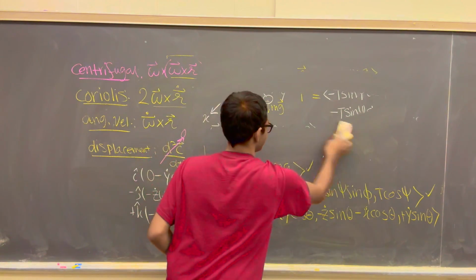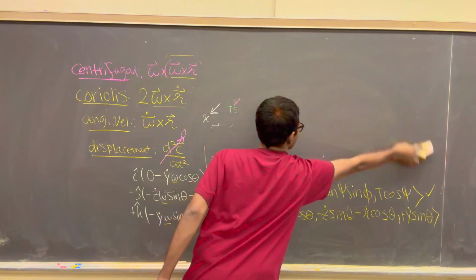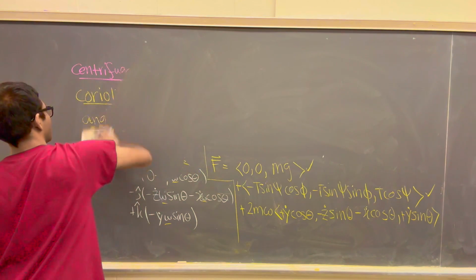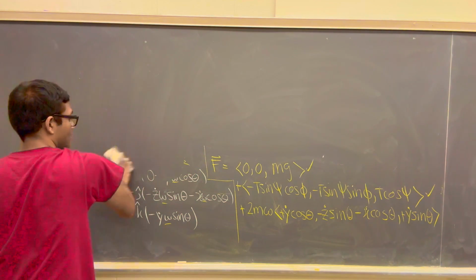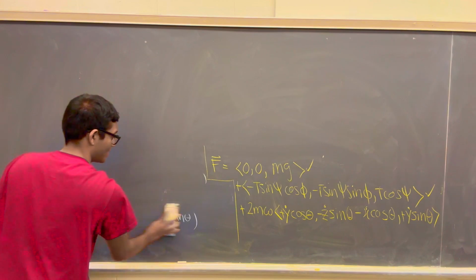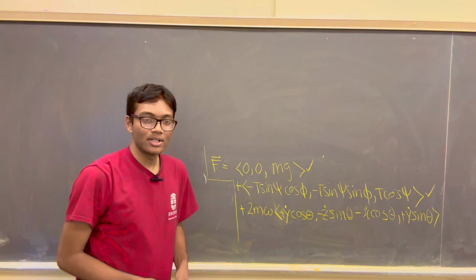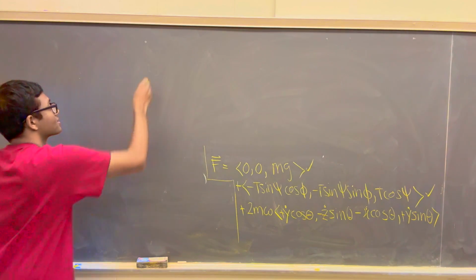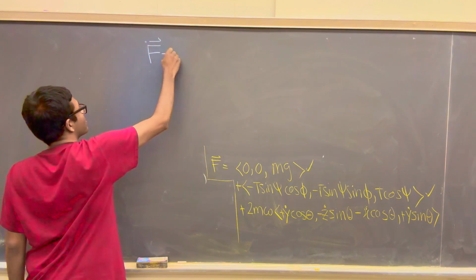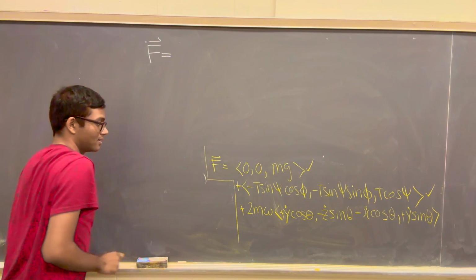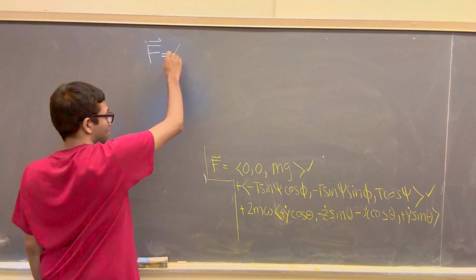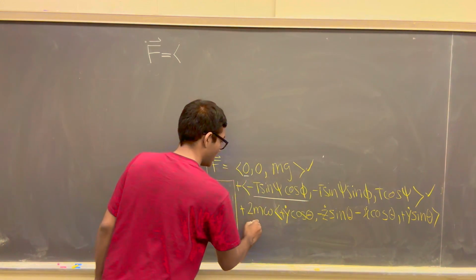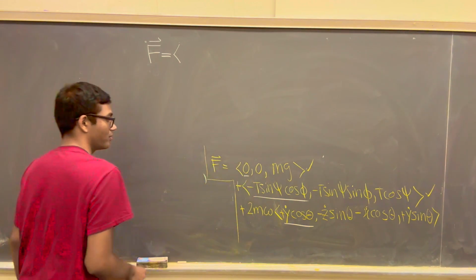So let's erase all of this and write down what we have just computed. So I've erased everything except my total force. So my total force vector now can be written as, what can I start writing? Let's start writing here. My total force vector can now be written as, so this x hat component is 0 plus this times 2m omega, of course.